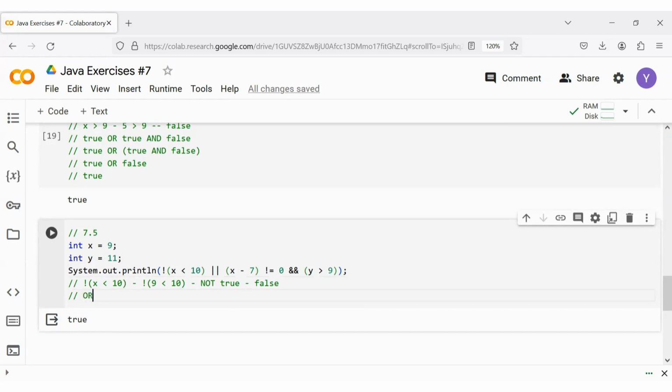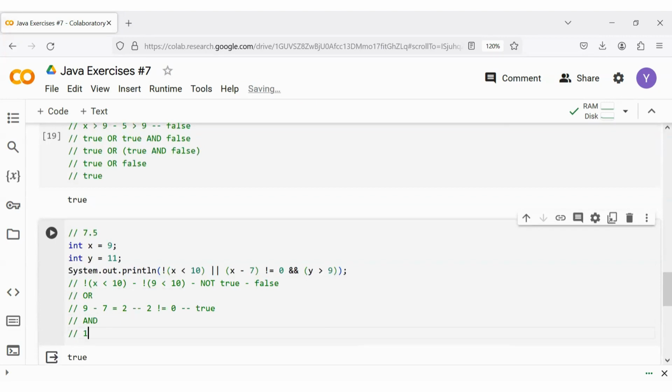And then I have one OR operator here. Then I have x minus 7. My x is 9, and 9 minus 7 is equal to 2. And 2 is not equal to 0, so this is true as well. And finally, I have this AND operator, and y is greater than 9. My y is 11, that's greater than 9, so this is true.